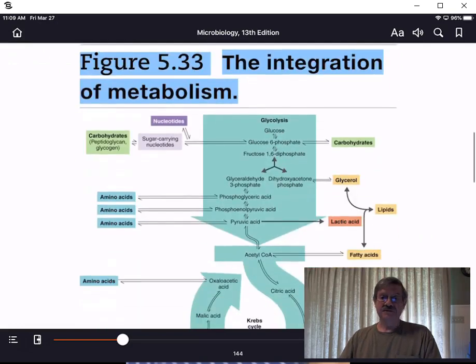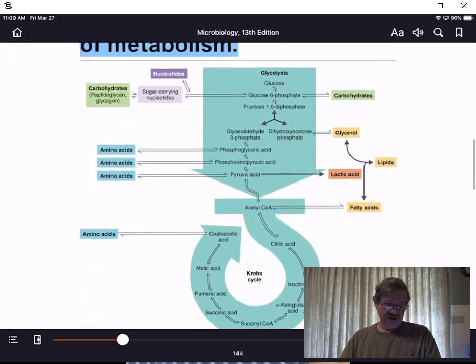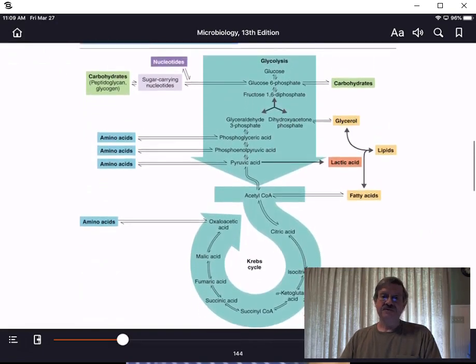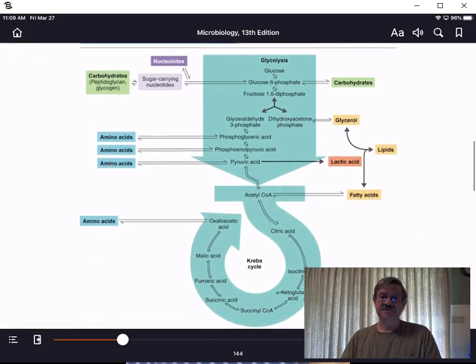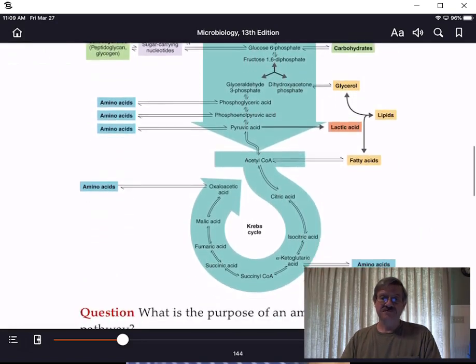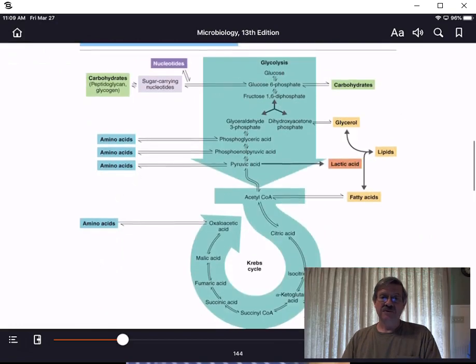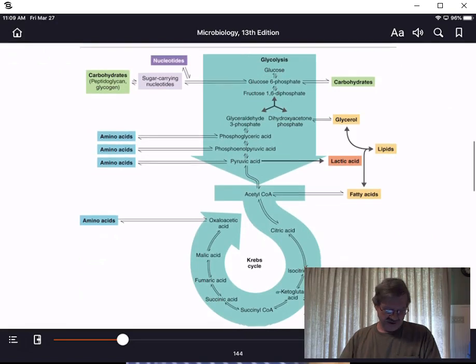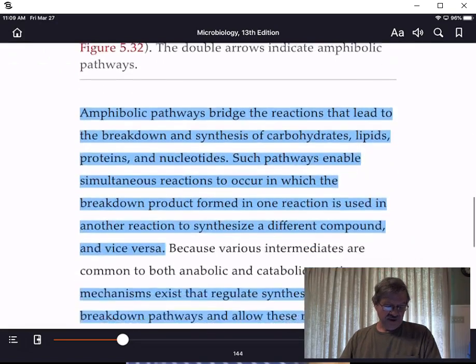And right here is a diagram in your textbook that just kind of shows some of the interactions and complexities of these pathways. Notice central to this is glycolysis and the Krebs cycle. Then you have all these branches going off of there for the amino acids, lactic acid, and so forth, various carbohydrates, and so forth.